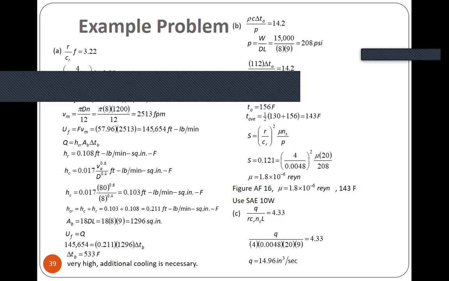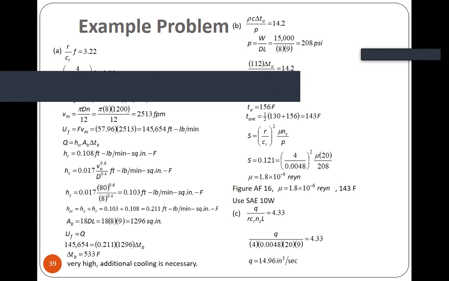So, S is 0.121 times 4 over 0.004 squared times mu times 20 over 8. So mu is equal to 1.8 times 10 negative 6 reyn, or figure EF 16, where mu is equal to 1.8 times 10 negative 6 reyn at 143 Fahrenheit. Use the SAE 10W in the figure.